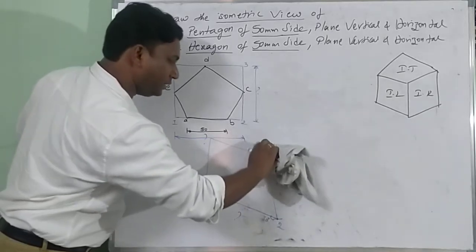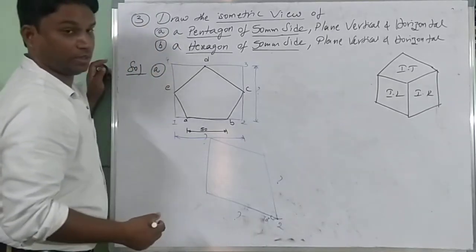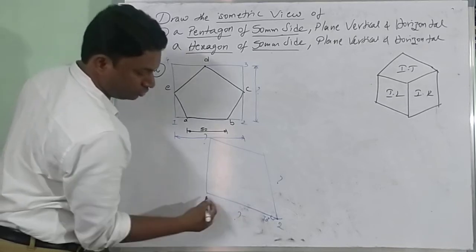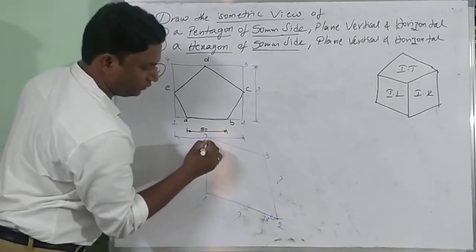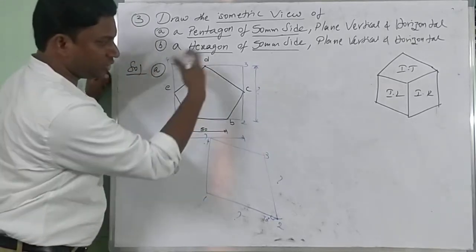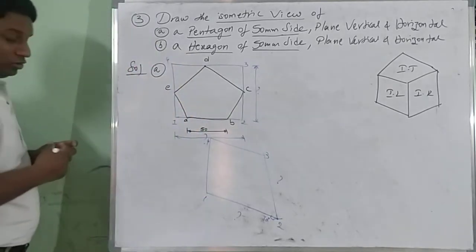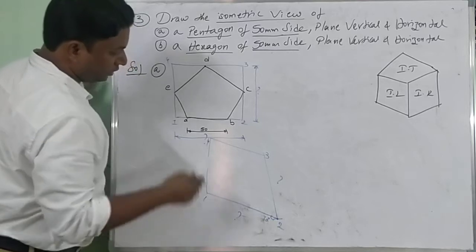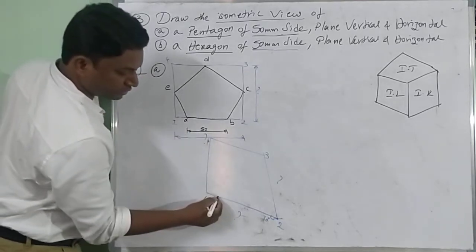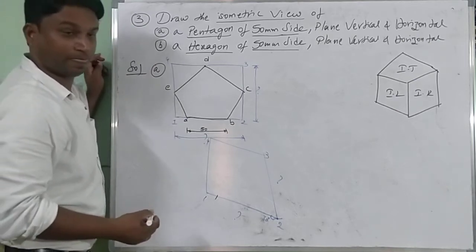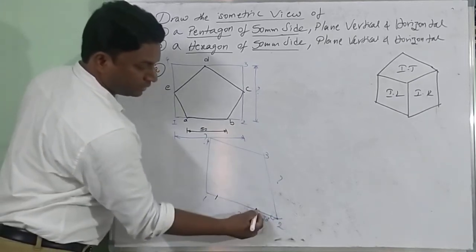Complete your iso left like this: 1, 2, 3, 4. Now in this you are supposed to fit your pentagon. So how to fit it? From 1, A will be at a particular distance. Use compass and cut it. From 2, B at a particular distance.